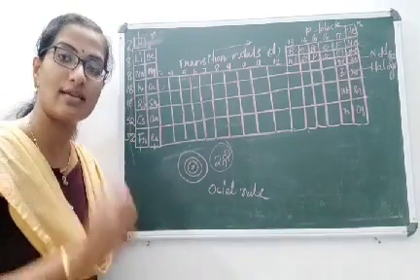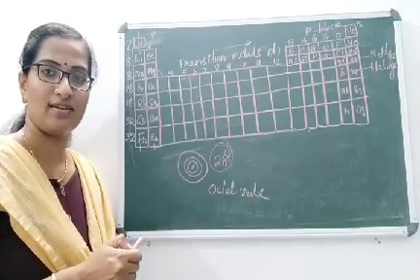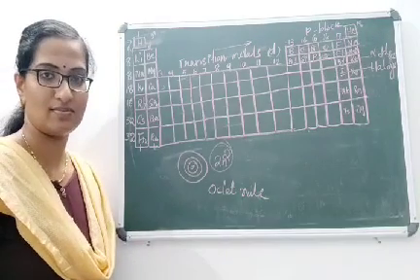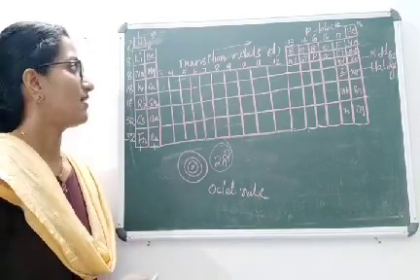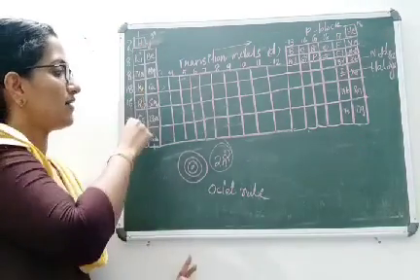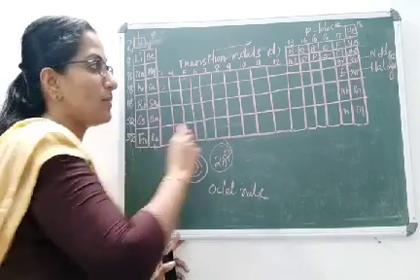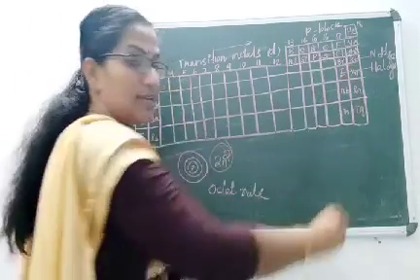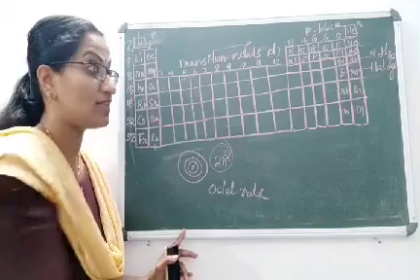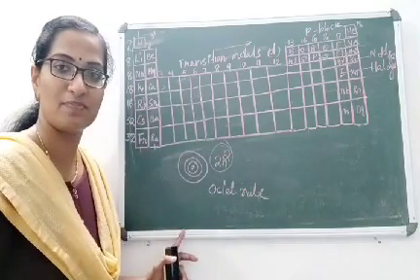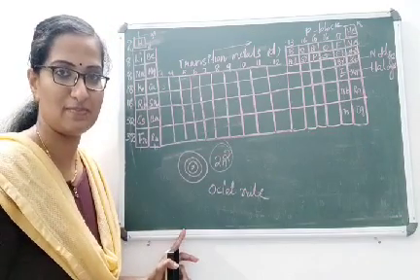Children, I still have a doubt. Where is the position of hydrogen? Is it possible to keep it here along with the first group metals, the alkali metals? Or is it possible to place it with the 17, sorry, the 17 halogens? Where should we place it?